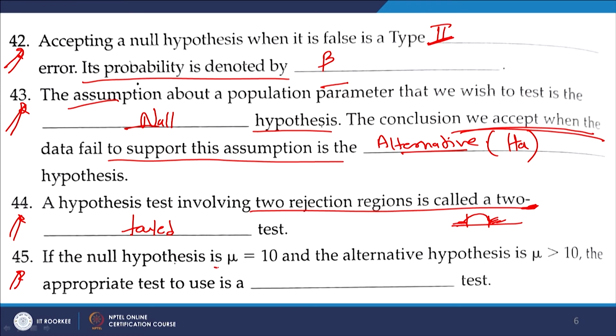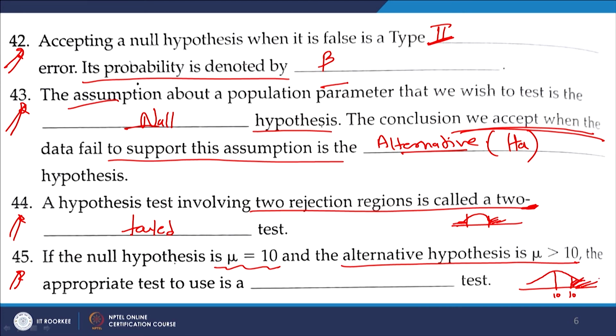If the null hypothesis is mean is equal to 10 and the alternative hypothesis is mu greater than 10, the appropriate test to use is what? Let me draw this distribution. You have the mean over here, 10, this is your null hypothesis, and this is your more than 10.